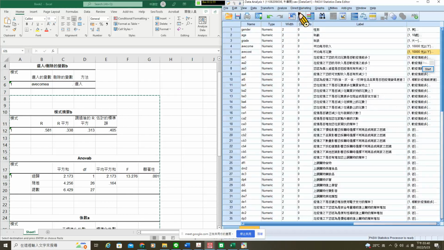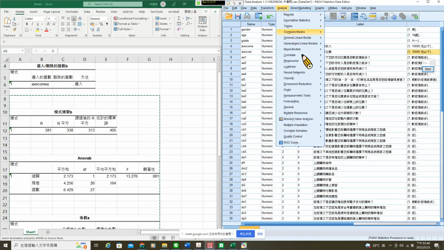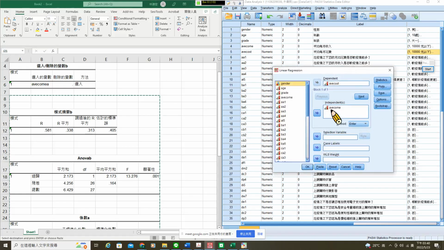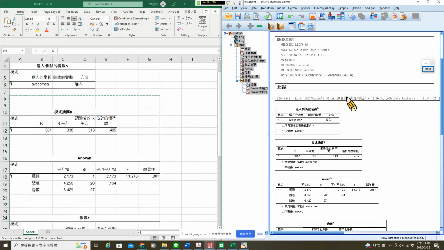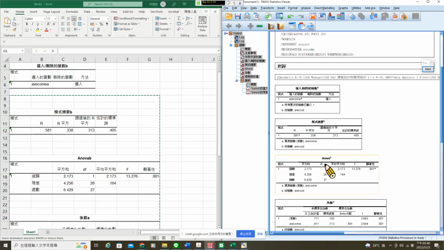After we use analyze, regression, and linear regression, put in our independent variable and dependent variable, and make sure the statistics and the plots are set, then you click OK. Once you click OK, you will have some output just like this. This is the output. And now I copy the output over here for the convenience of illustration. But basically, you have to look at this first, of course, right? So now let me take this a little bit down.